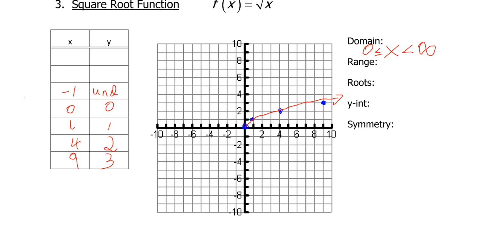Okay? Now another way that we could do this is say 0 with a bracket on it, and then infinity. Like that. And then the roots for this, that's going to be x equals 0. The y-intercept is y equals 0. And the symmetry is non-existent.